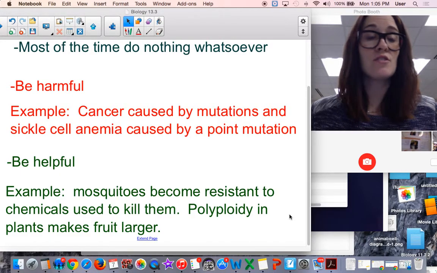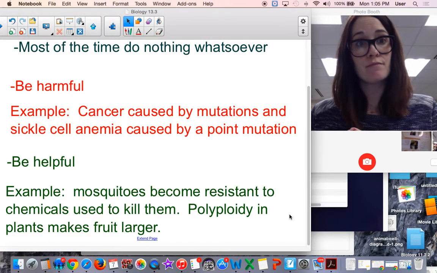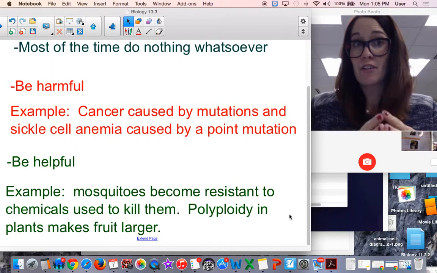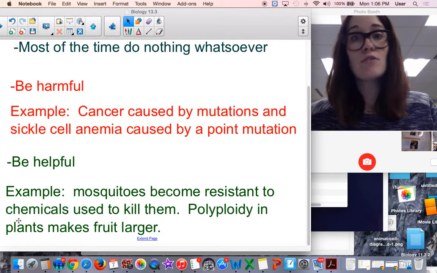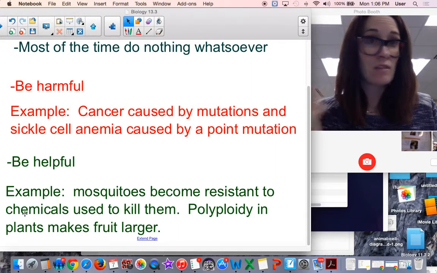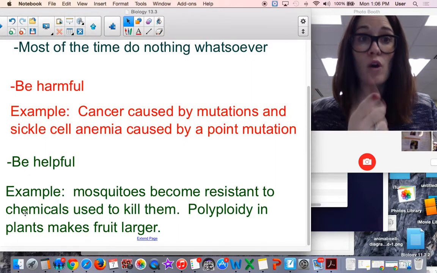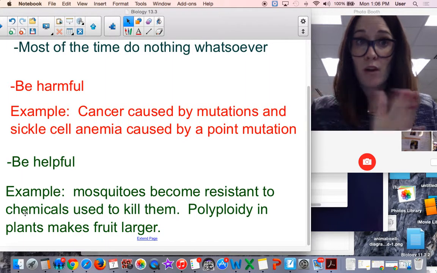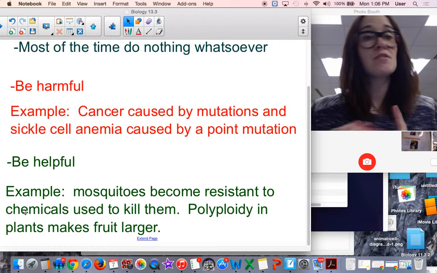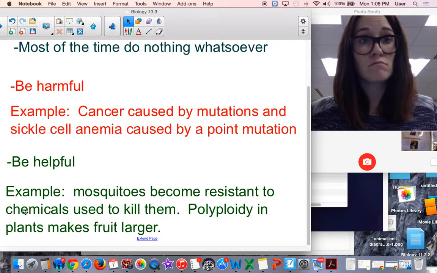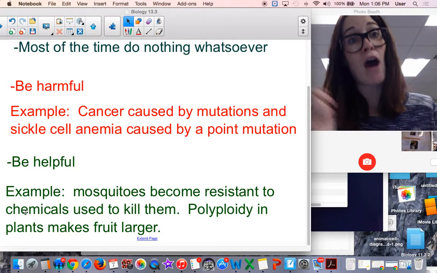One of the things they do is make the fruit larger, or the vegetables, so that it can feed more people. So that's mutations. Some examples, point mutations. Some of them can be frame shift. There are also chromosome mutations. Mutations can do nothing at all. They can be harmful, or they can be helpful.